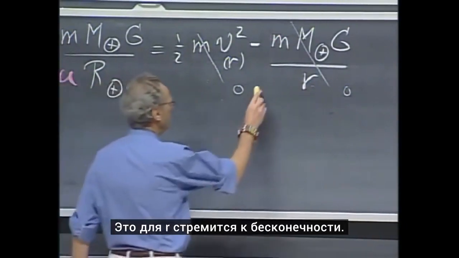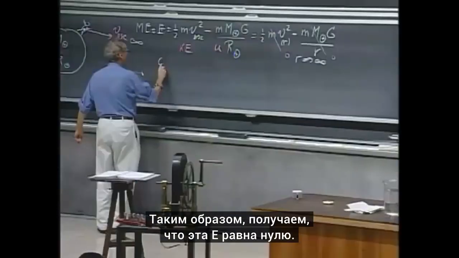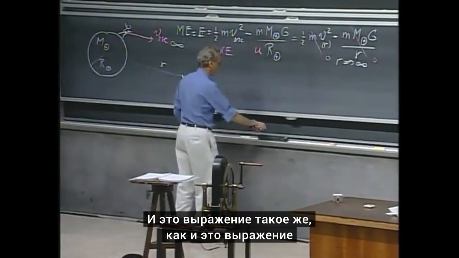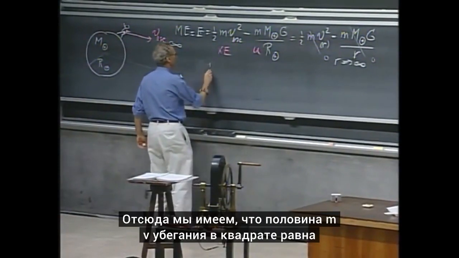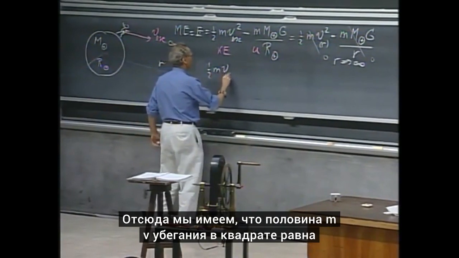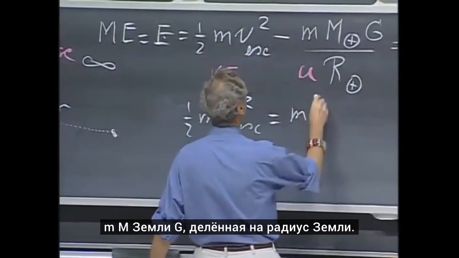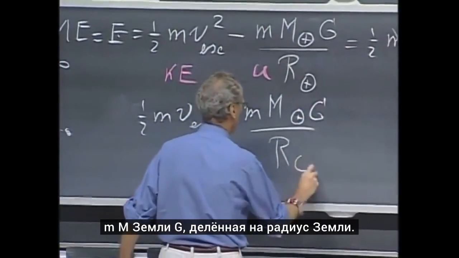So this is for r goes to infinity. And so this E equals 0 then. And so this term is the same as this term for your escape velocity. And so we find that 1/2 m v escape squared equals m M_Earth G divided by the radius of the Earth.